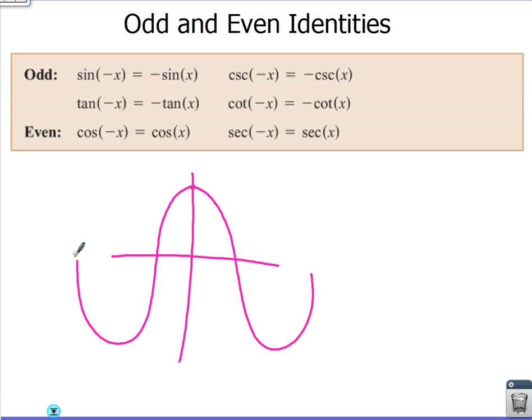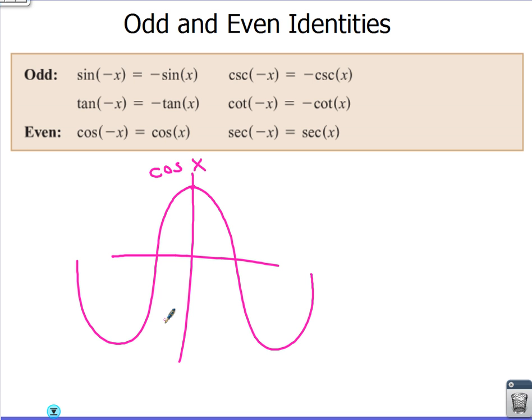You see that symmetry going on across the y-axis? I said sine at first, but that is not sine, that is cosine. Cosine of 0 is 1. Cosine is an even function because it has y-axis symmetry.